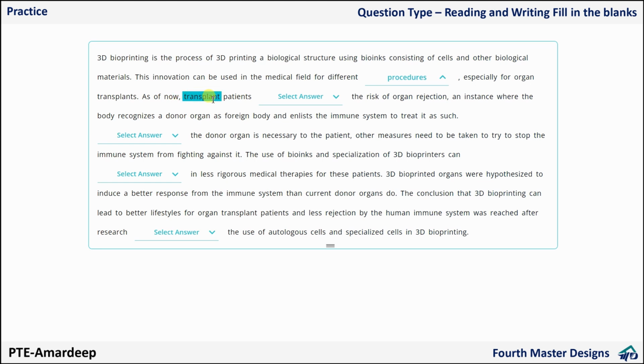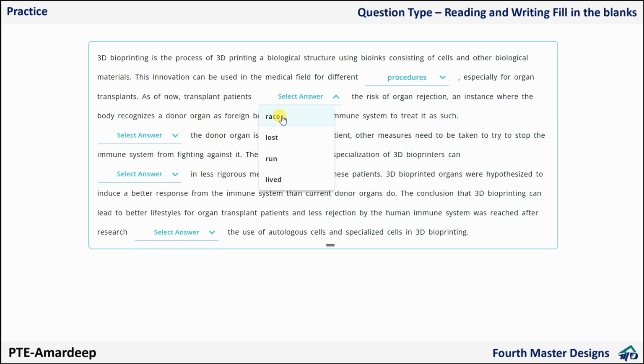As of now, transplant patients dash the risk of organ rejection, an instance where the body recognizes a donor organ as a foreign body and enlists the immune system to treat it as such. Options: race, lost, run, lived. Lived the risk of, run the risk of, lost the risk of, and race the risk of.